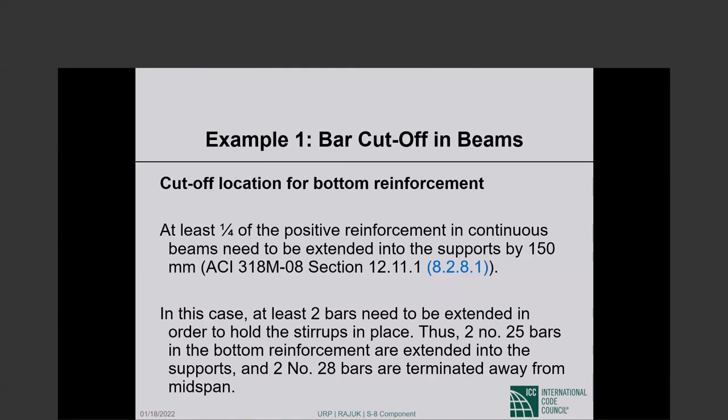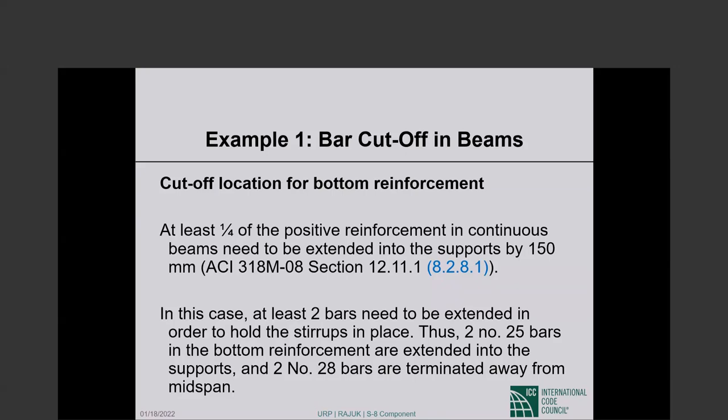As I said, for construction reasons, you have a stirrup, you need to hang it around bars. So we need at least 2 bars. Thus, 2 number 25 bars in the bottom reinforcement are extended into the supports, and the 2 number 28 are terminated away from midspan. Okay, makes sense.